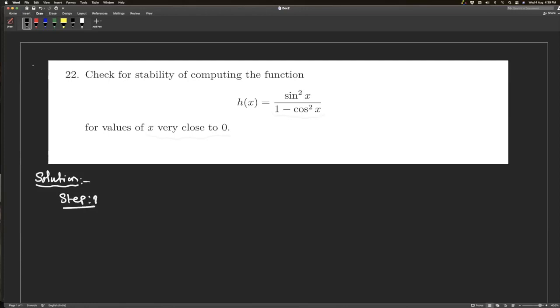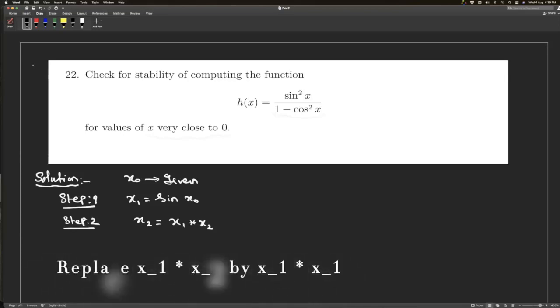It will probably take some number x naught that is given to it, and it will find the number x1 which is given by sine x naught. Remember, x naught is given to us. The step 2 may be x2, which is nothing but x1 into x1. So that gives us the numerator.